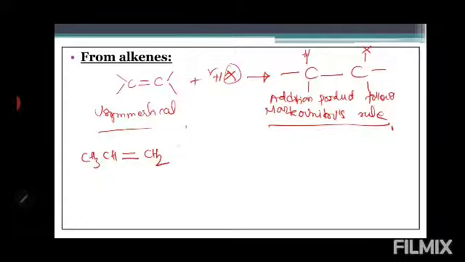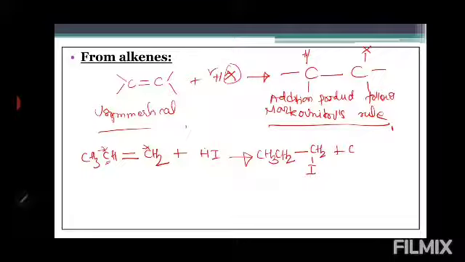Now in propene, if we do the reaction with HI, so if your addition molecule is HI, there are two double bonded carbon atoms, which are these two. On these two, hydrogen goes on one and iodide goes on the other. So if the hydrogen goes here, you will get CH3 CH2 single bond CH2 I. And if H goes to this other carbon atom, then we get CH3 CH I single bond CH3. So these two are the products. So you'll get isomers.